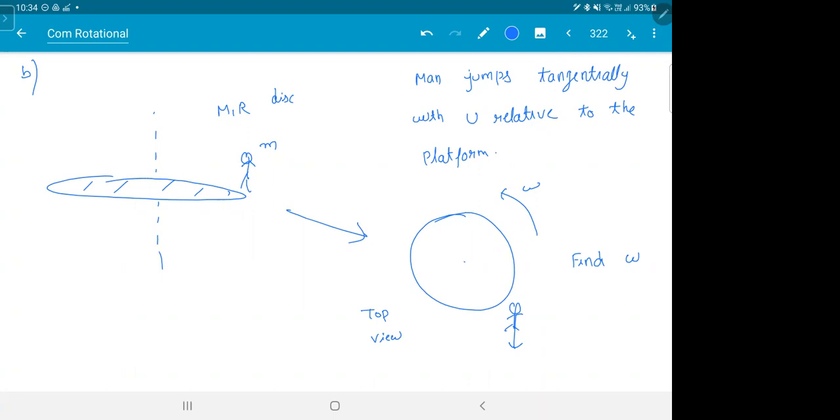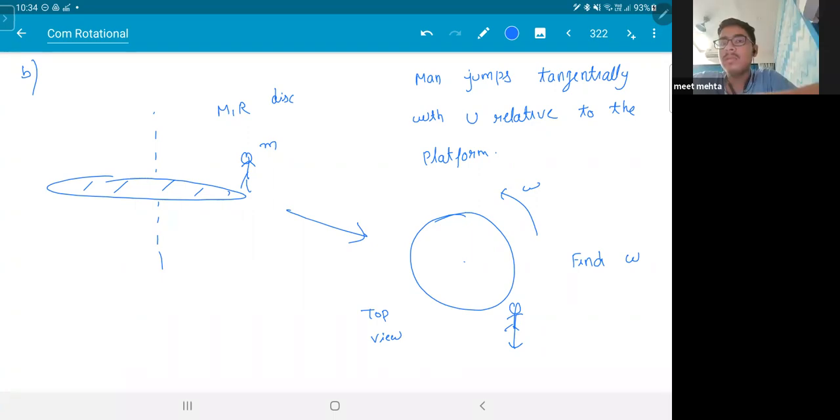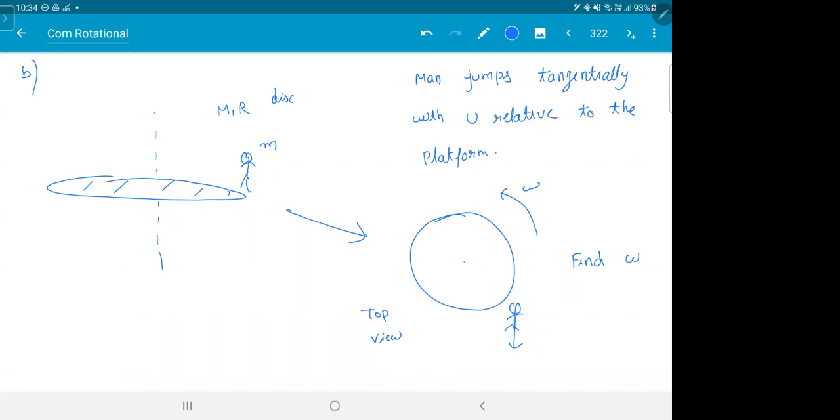So is it 2u by 3r? Masses are not the same, right? Oh, sorry. Capital M, small m.